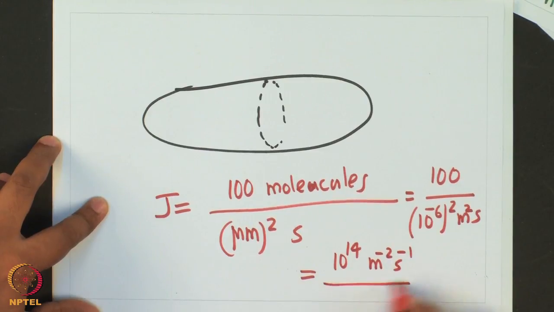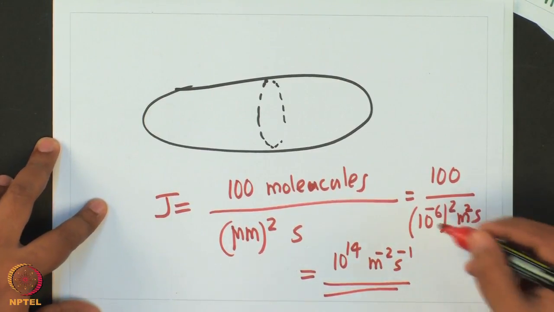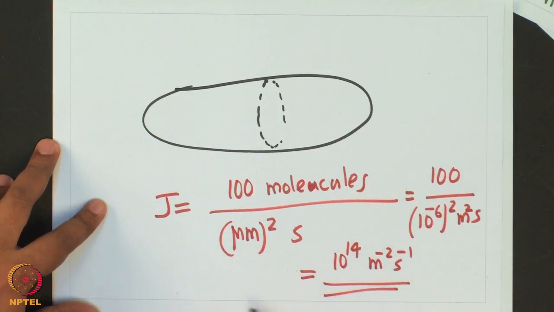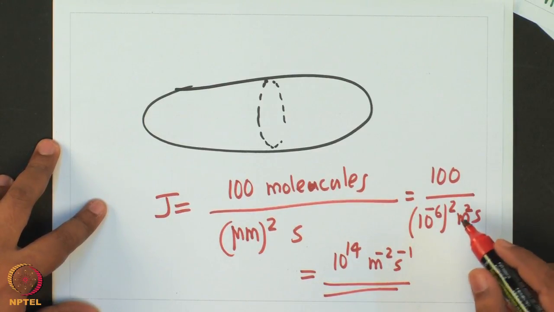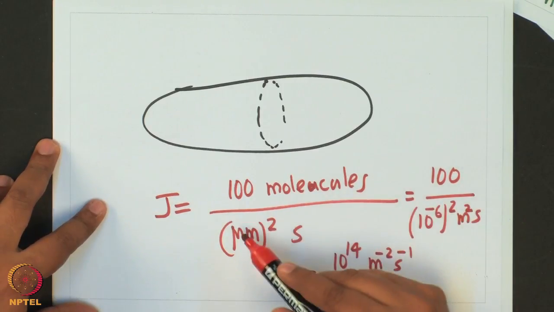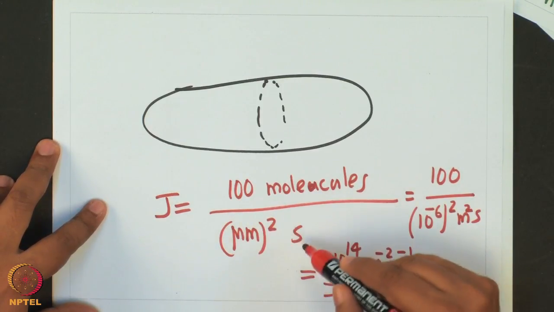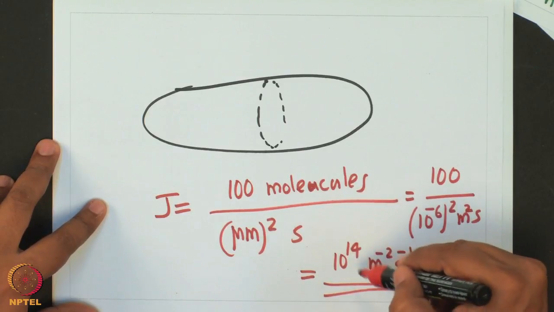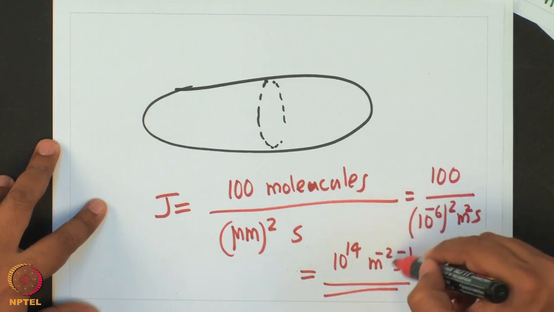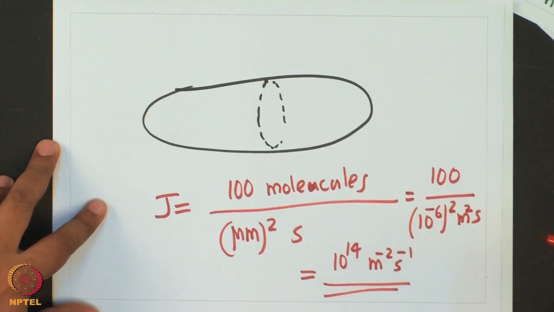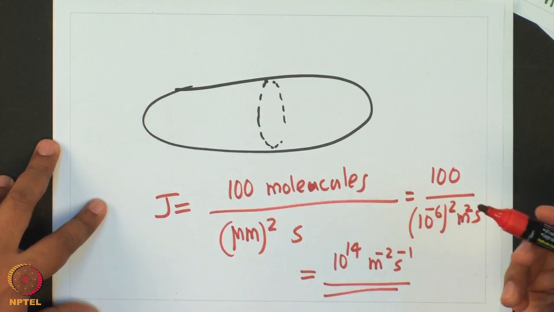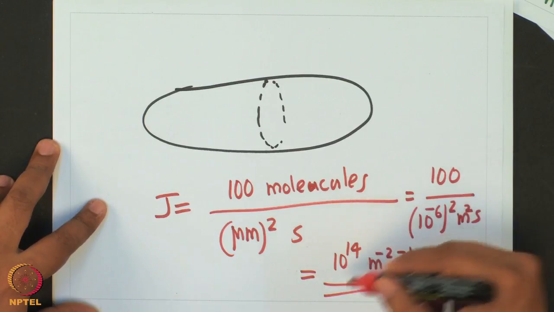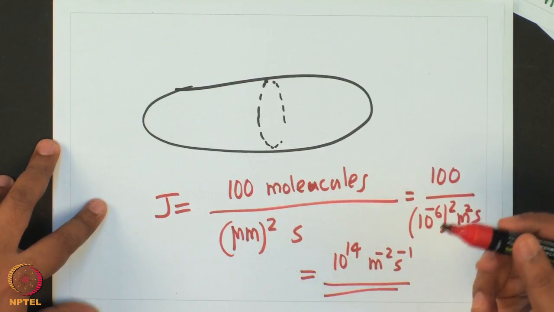This could be the typical number associated with J in SI units. In other words, it could be some 100 or 1000 per micrometer square per second. In SI units it could be 10 power 14 per meter square per second. So something like this could be the typical number that one would be interested in.